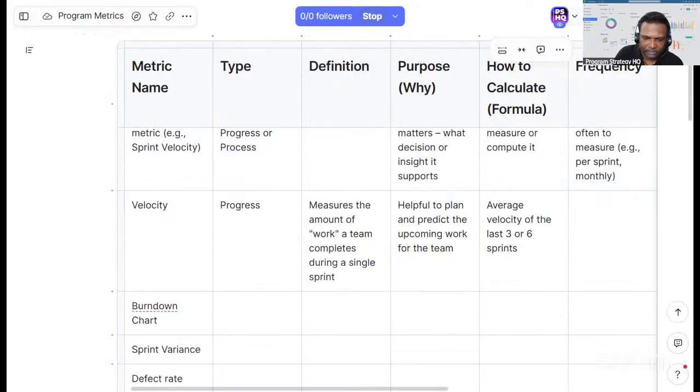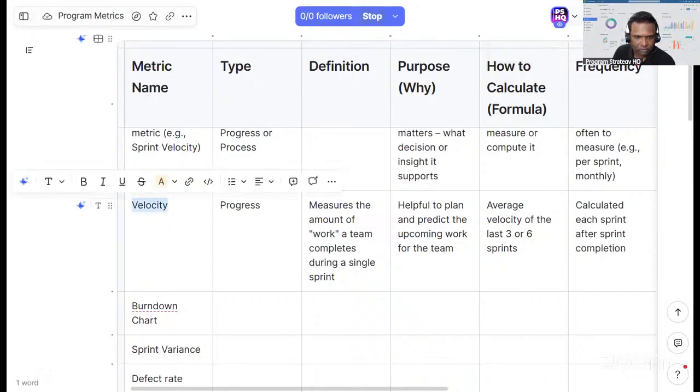Frequency: each sprint, calculated towards the end, after sprint completion. Okay, so velocity is good.